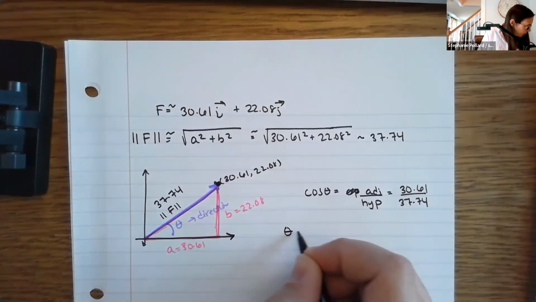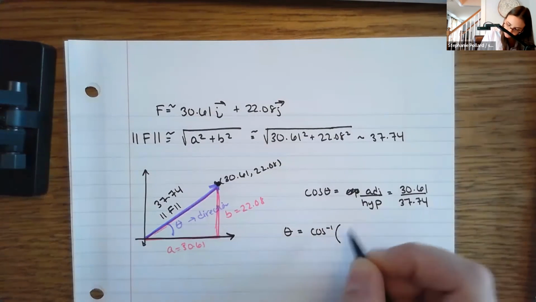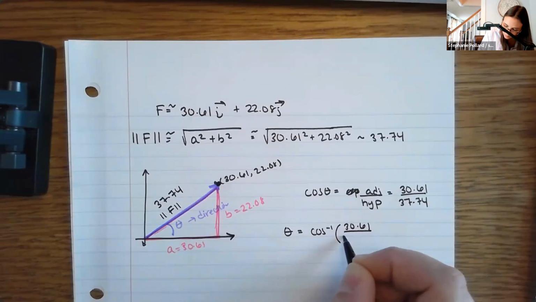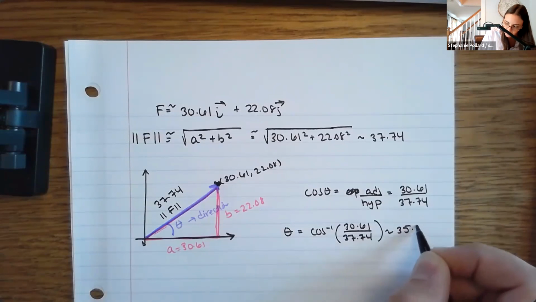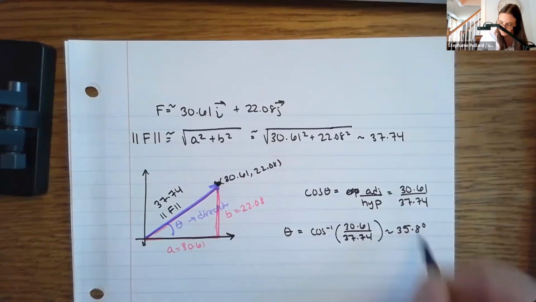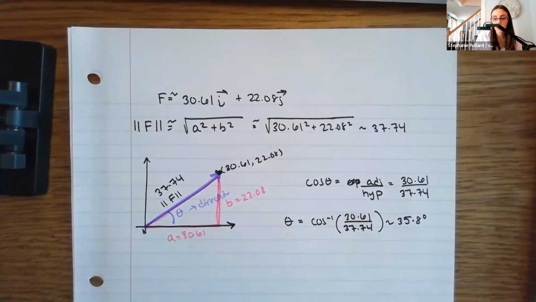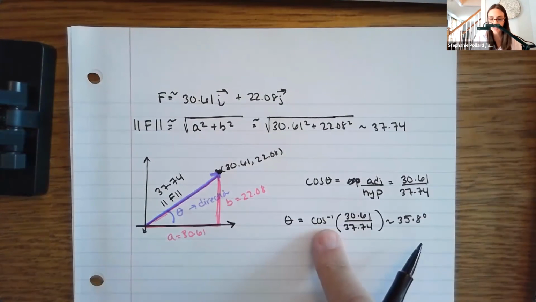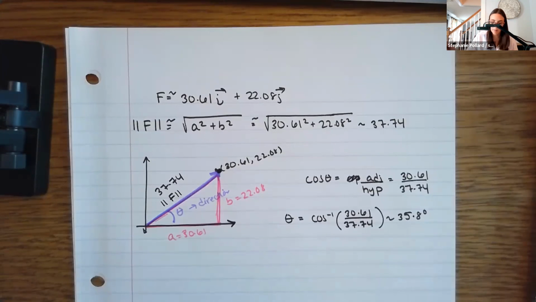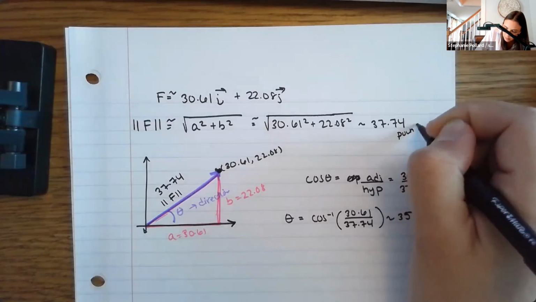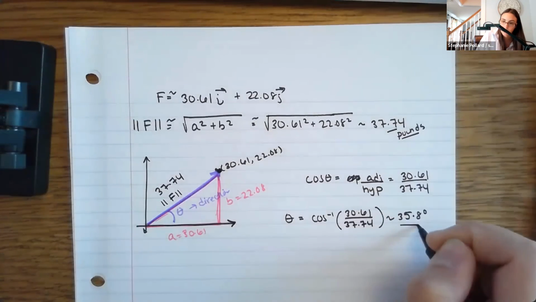So my theta is going to be the inverse cosine of this, which ends up being about 35.8 degrees. For this, you would just use a calculator. We do have that inverse function on our calculator, so you just plug that in, and we get our answer. So the direction angle for the resultant force is approximately 35.8 degrees. And over here, for our magnitude, just to make a note, this is our magnitude, and there is our direction.